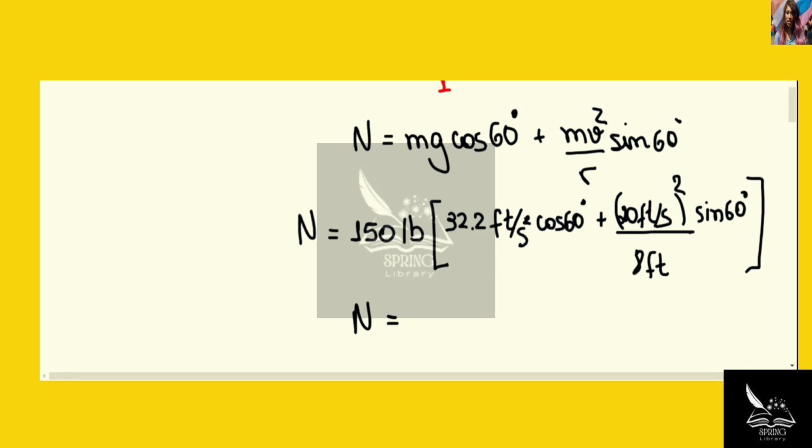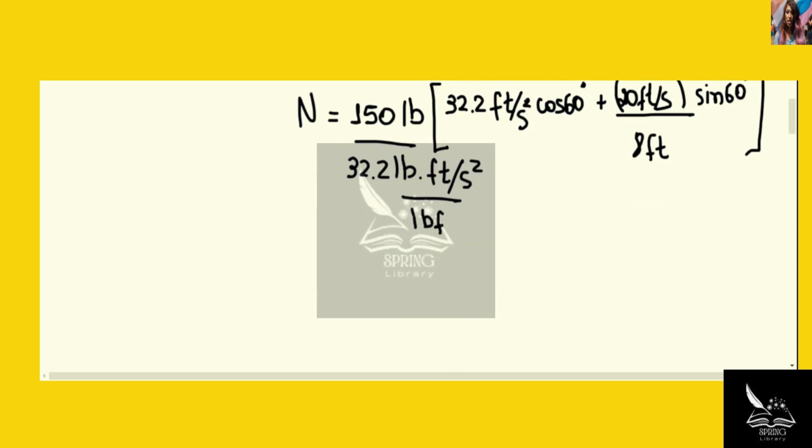So the normal is equal to 276 pound force. In order to find this, actually, I need to divide the force by 32.2 pound times feet per second squared per pound force. So n is equal to 276.7 pound force. This is the normal.